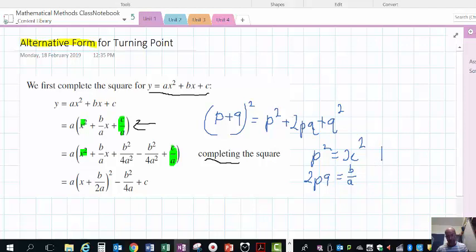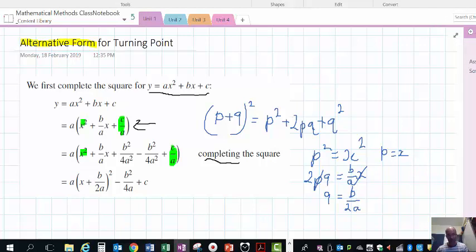Now, because p is equivalent to x, b over a x, we can just remove those from consideration. So 2q equals b over a. So q by itself is b over 2a.